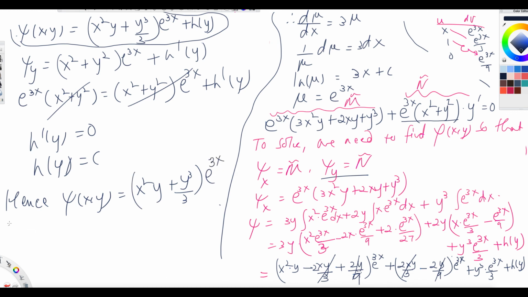Okay, and therefore the final solution is psi of x y equals c. You will get x squared y plus y cubed over 3 times e to the 3x equals constant c. You see that? That is the final answer.